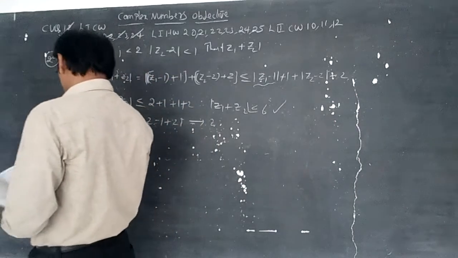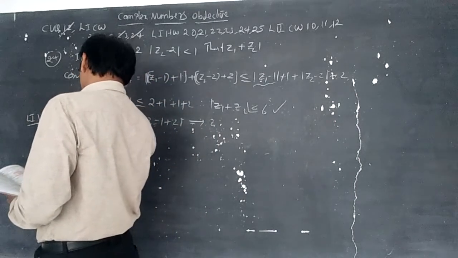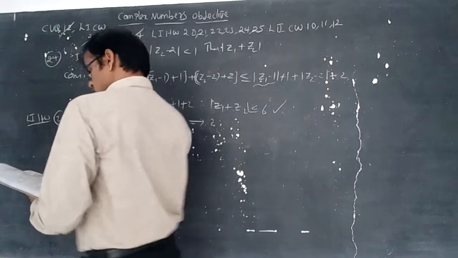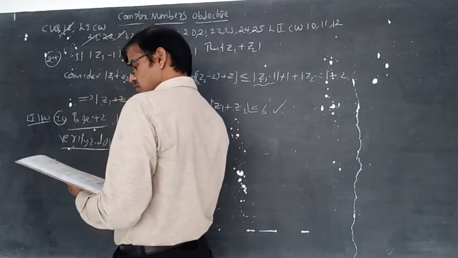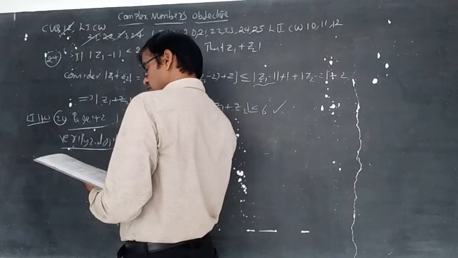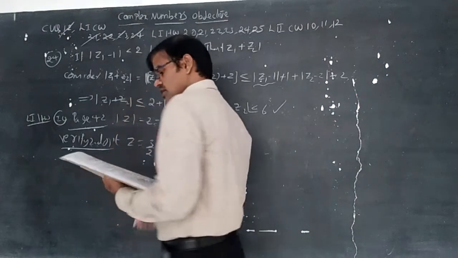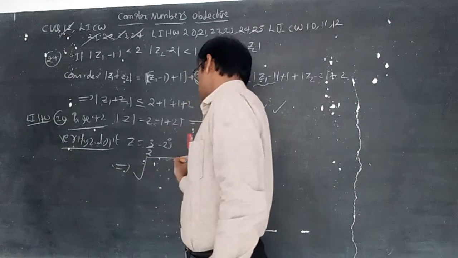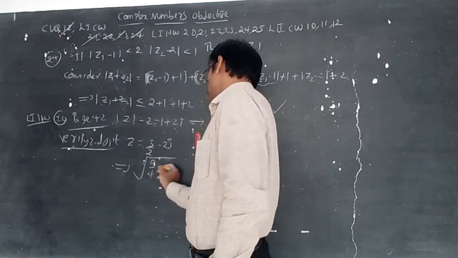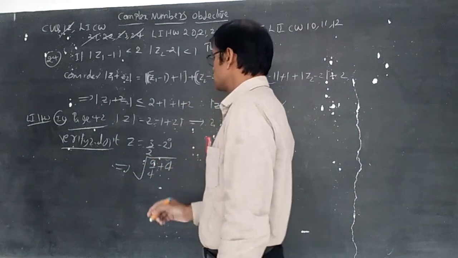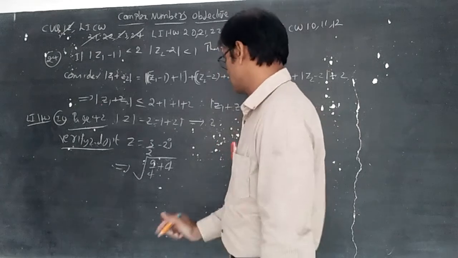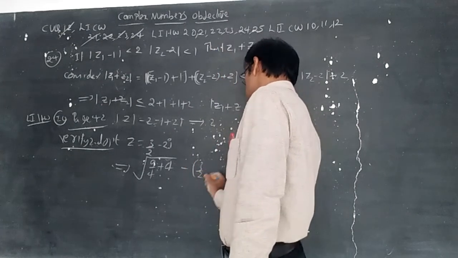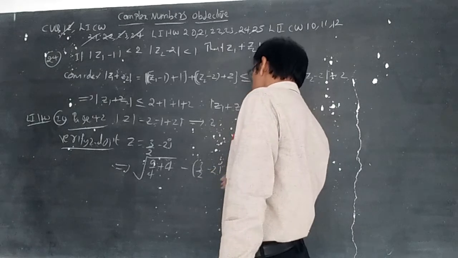Maybe verifying the second option is better. Verify the second option. Second option, z is equal to 3 by 2 minus 2i. Substitute here: root of 9 by 4 plus 4. This is the same as the first option. Okay, let us discuss minus z, so minus of 3 by 2 minus 2i.